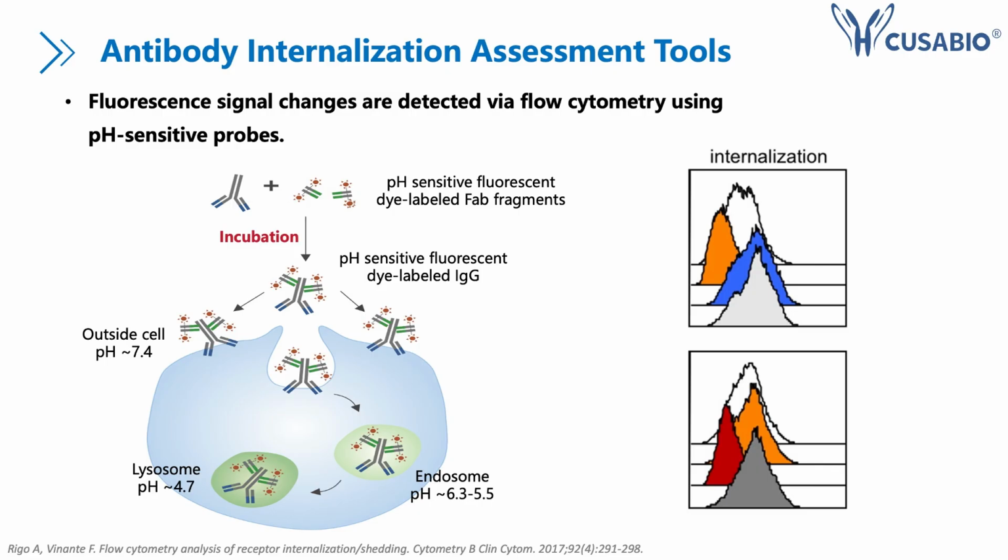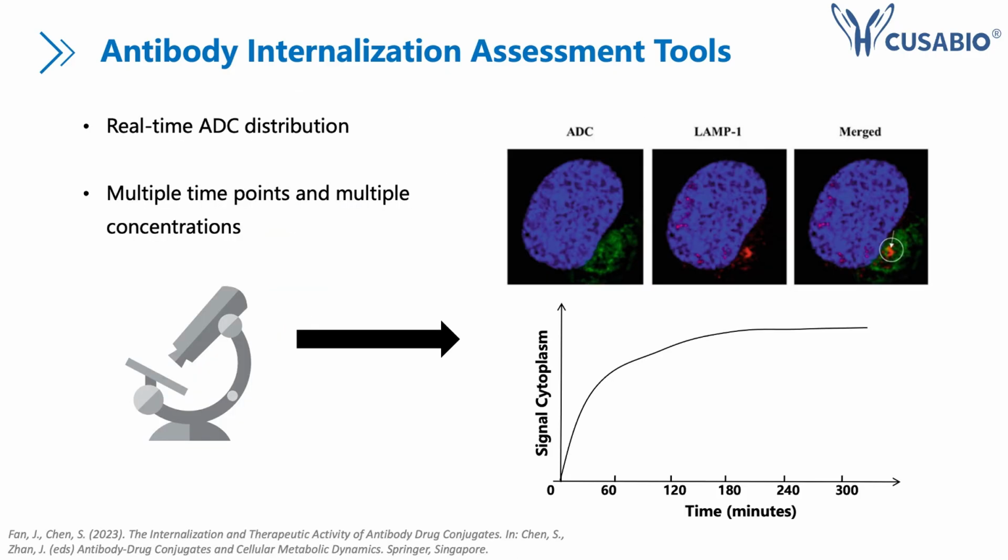So this is the first one. Then the second one is a pretty straightforward observation. As you see here, with a confocal microscope or some compatible imaging software, we can perform the assay in a real-time manner. You can directly see the co-localization of the ADC with the cell organelle.